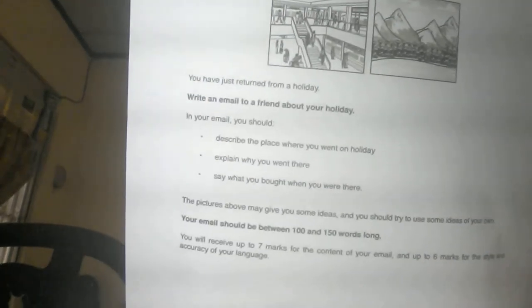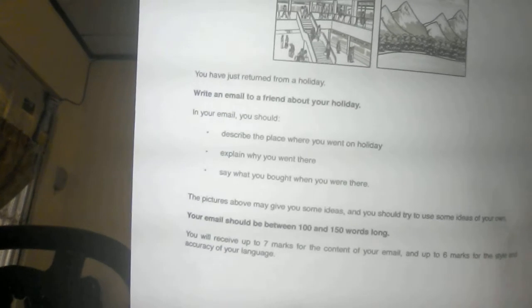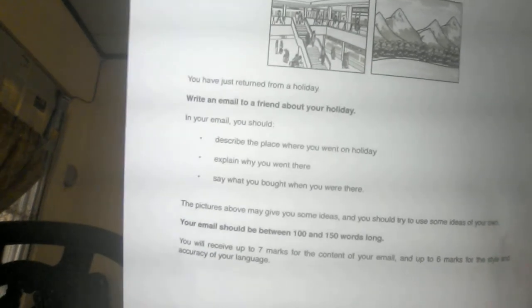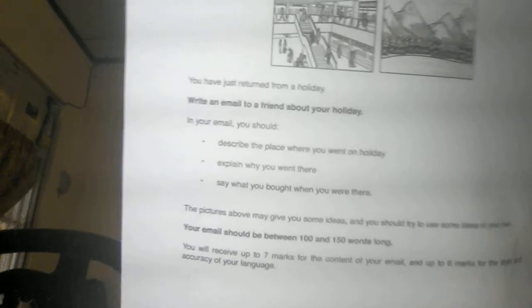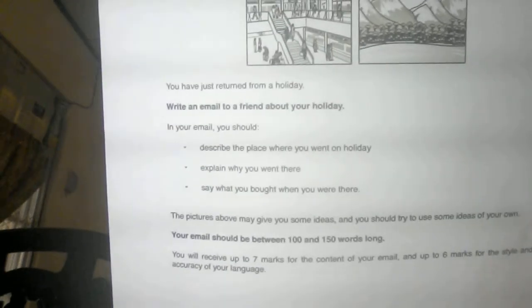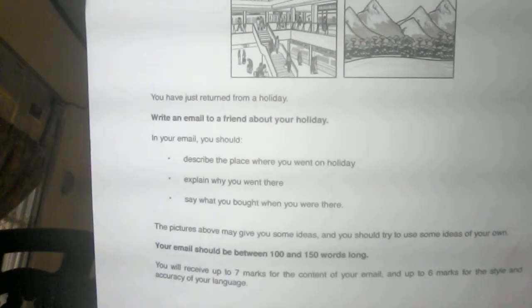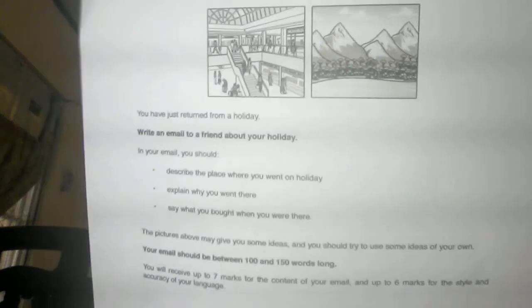Don't forget to include what they require you to do and not exceed the number of words that they want you to write, and not fewer than the number of words they require, yeah? Don't forget, 100 until 150 words. This is for the core.